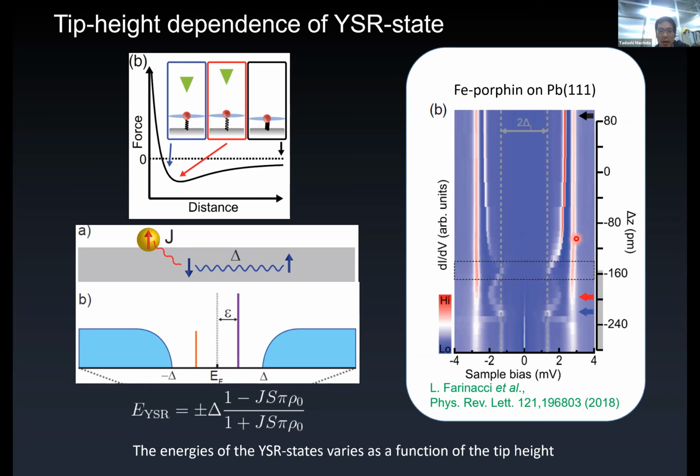Therefore, it is conceivable that this tip height dependence of the Yu-Shiba-Rusinov state can be used for testing whether the observed zero energy peak originates from the Majorana zero mode or not.